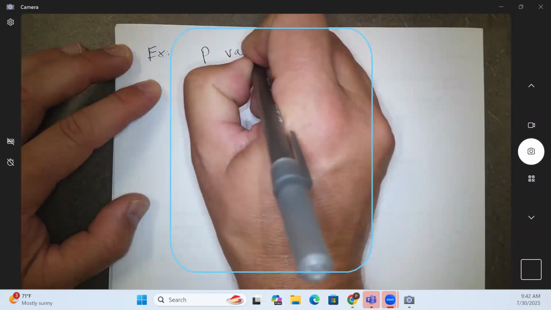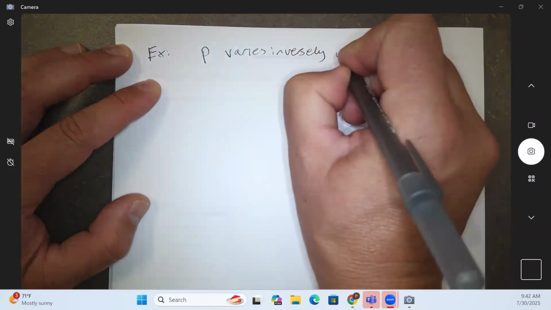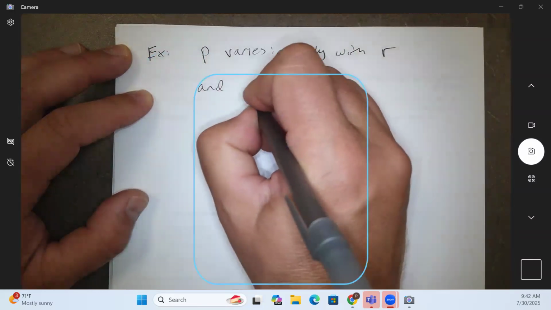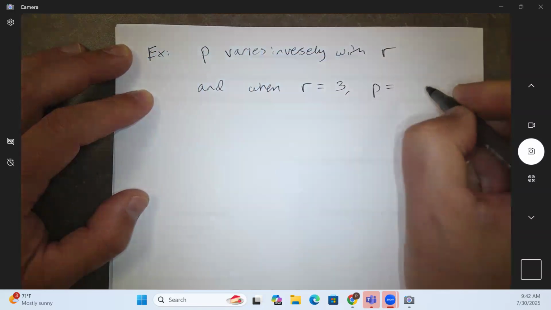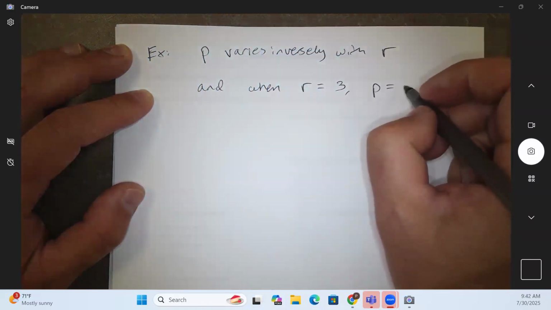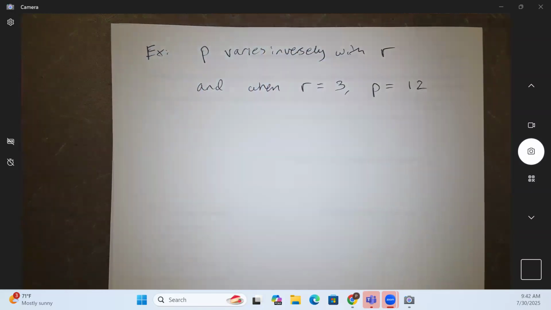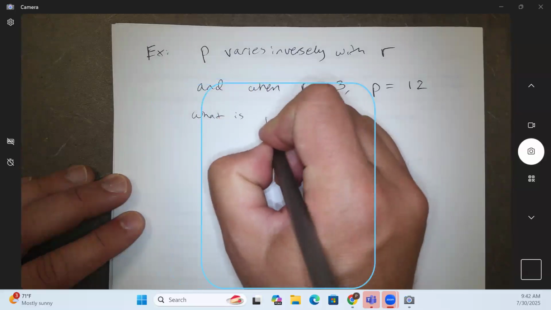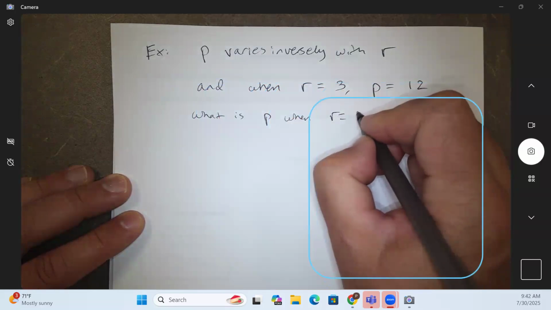P varies inversely with R. And when R equals 3, P equals 12. What is P when R equals 10?